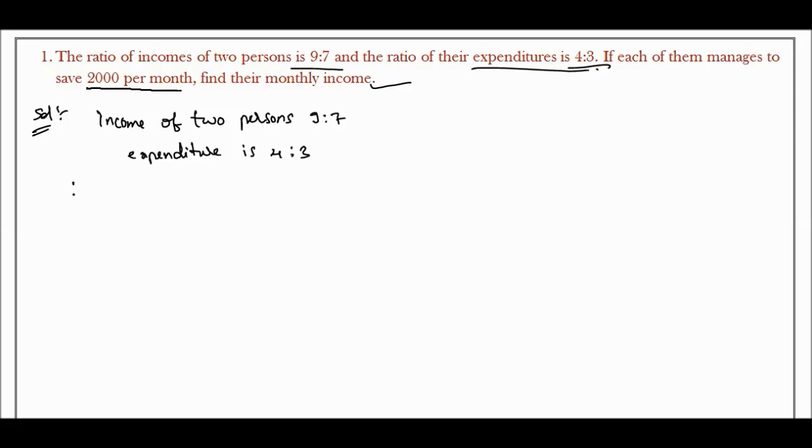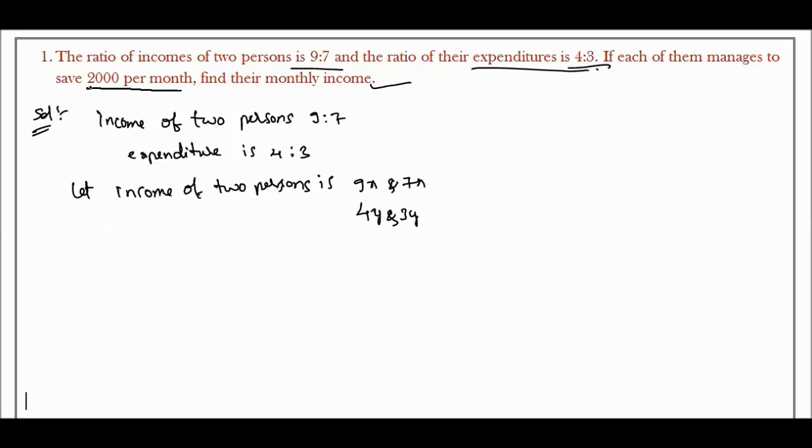So let the incomes of the two persons be 9x and 7x, and the expenditures be 4y and 3y.